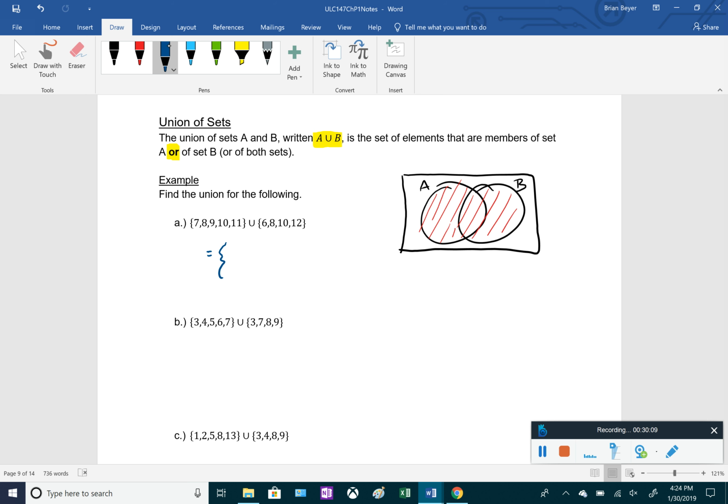So we have a 6 in the one on the right, 7 on the left. They both have an 8, 9 on the left. They both have a 10, 11 on the left, and 12 on the right. So union pretty much means join, right? Essentially we're just joining the sets together to make one big set.